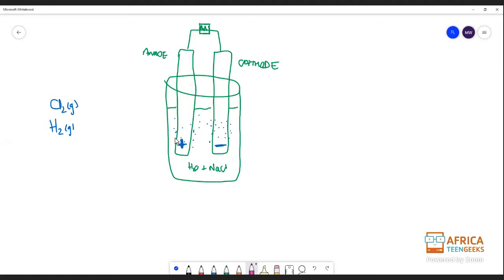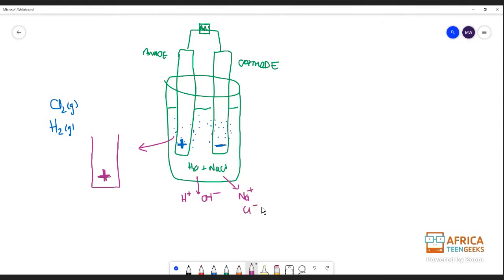So I'm going to break it down this way. Imagine you have your anode over here, and my anode is positively charged. When my current is put through my water and my brine, the water breaks up into positive protons and hydroxide ions, and the salt breaks up into sodium and chloride.